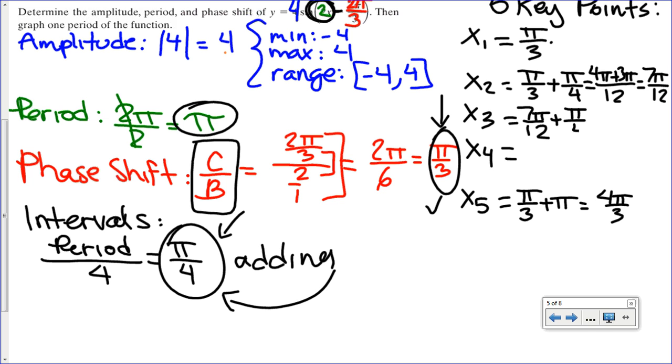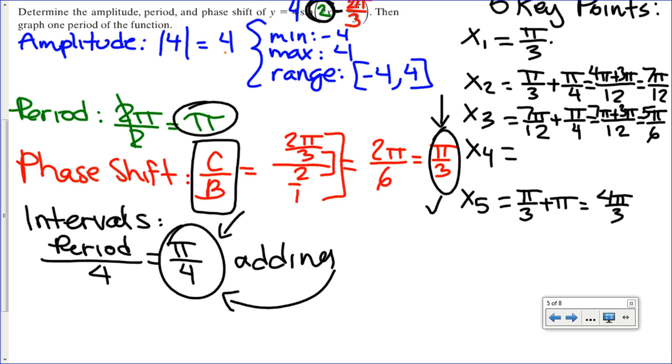Do you guys remember how I told you to learn fractions? Yeah? Because I do. Right, Vidyani? Okay. So in this case, again, we divide by 12. So 7 pi over 12 plus 3 pi over 12, which reduces to 5 pi over 6.